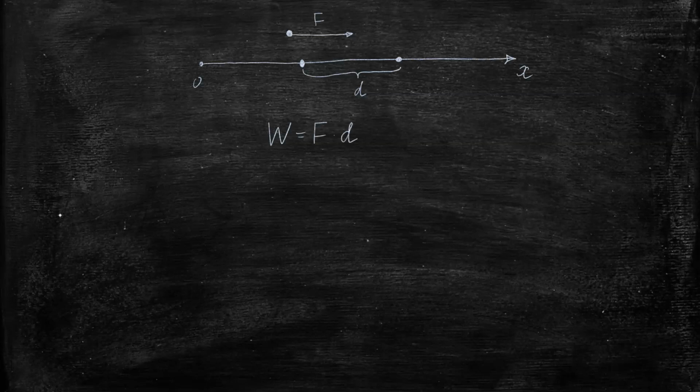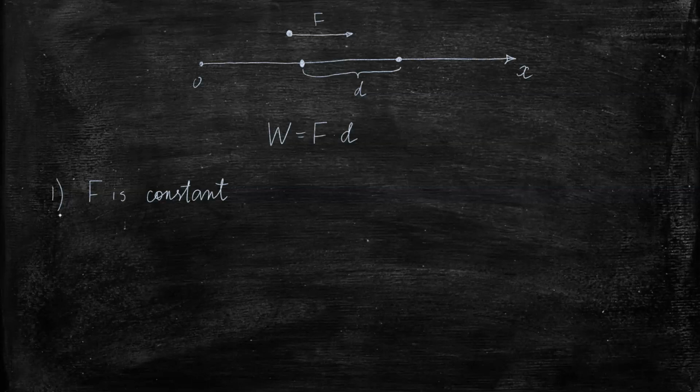And in this formula, we have to assume that force is a constant. So when force is constant, in other words, when force doesn't depend on x in any way, then this is how we find the work.